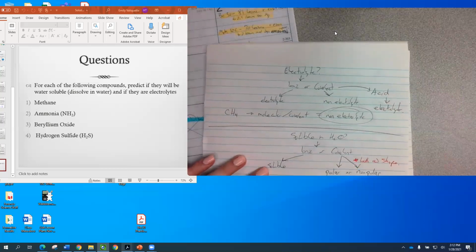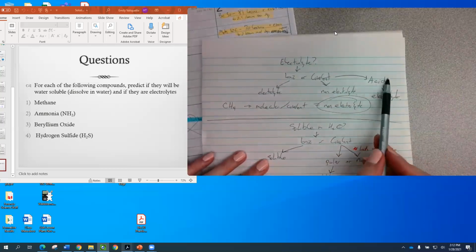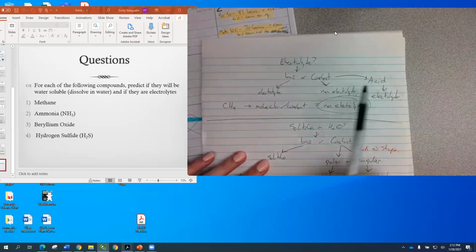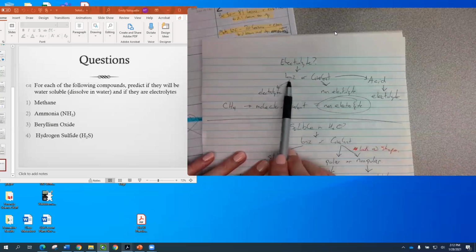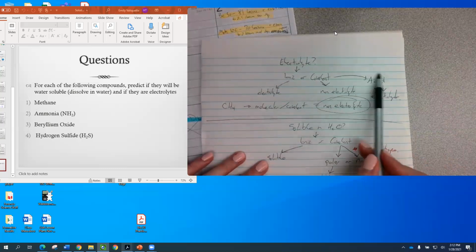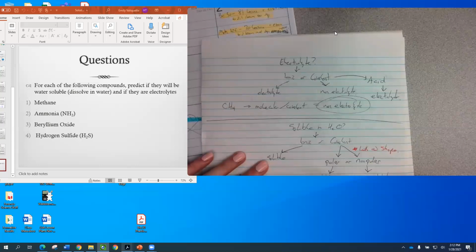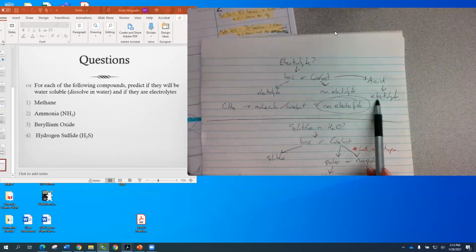I know, that's tricky. But acids do a process similar to dissociation, like ionic compounds do when the ions split apart. Acids go through a similar process called ionization, which we'll talk about later on in this unit. But because of that, they also become electrolytes.